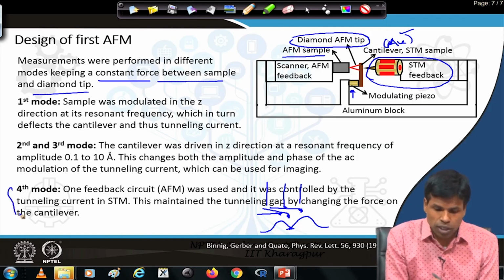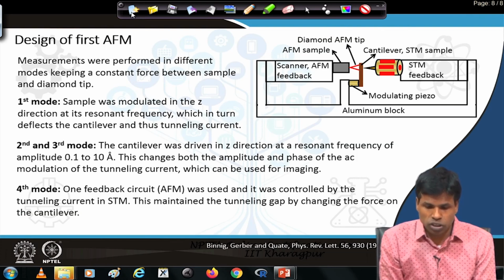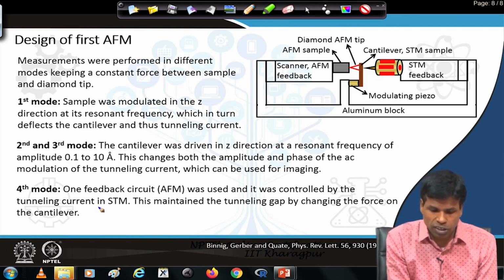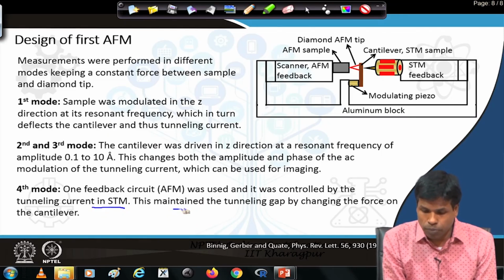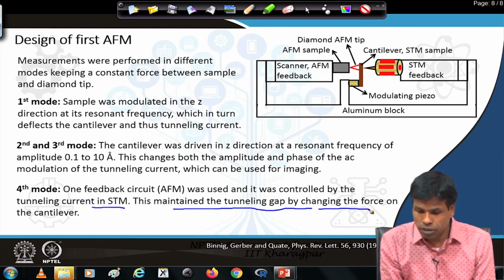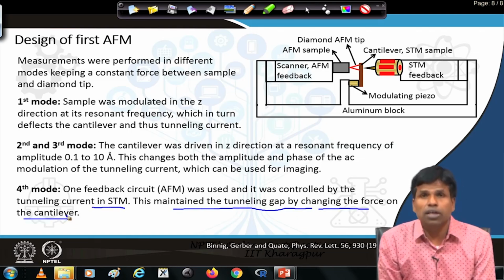In the fourth mode, it was not the constant force mode. Here one feedback circuit was used and it was controlled by the tunneling current, and this was maintained by keeping the tunneling gap constant by changing the force on the cantilever.